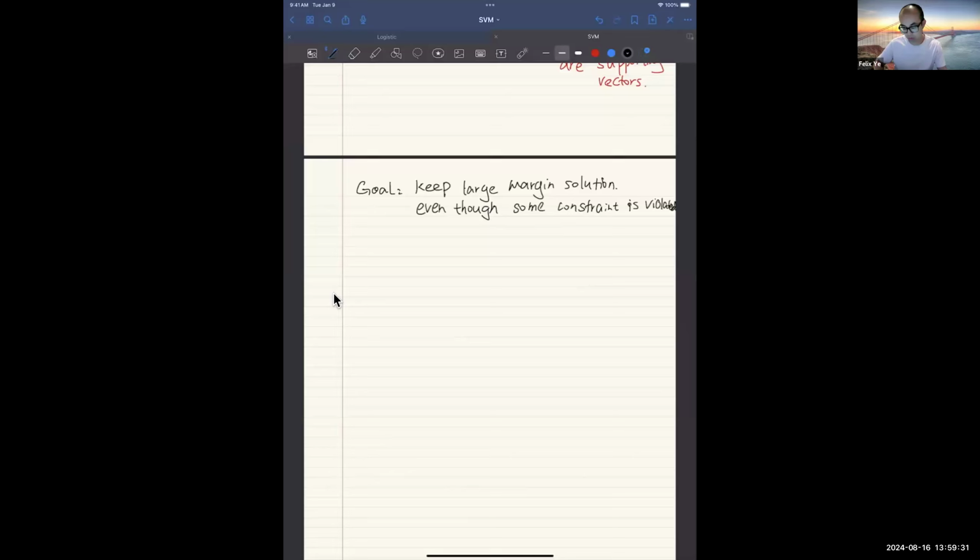So that means we can allow violating certain constraints, and we need to reformulate this problem a little bit.